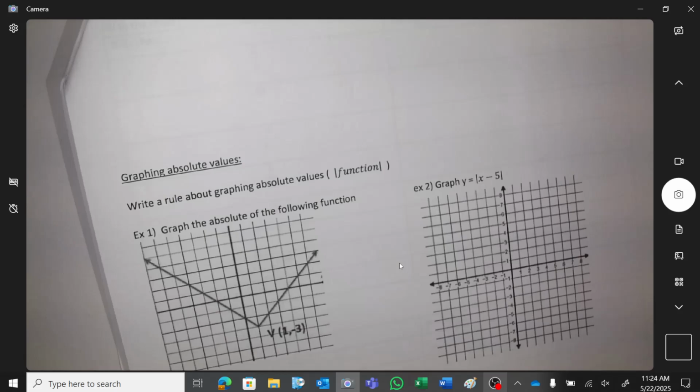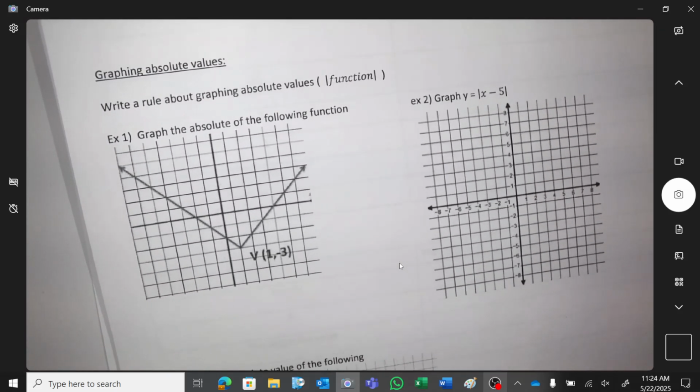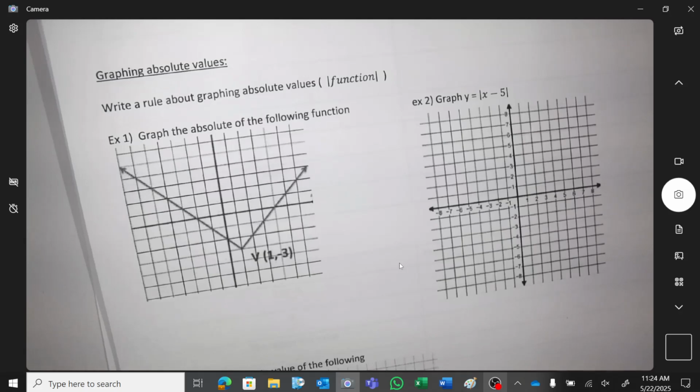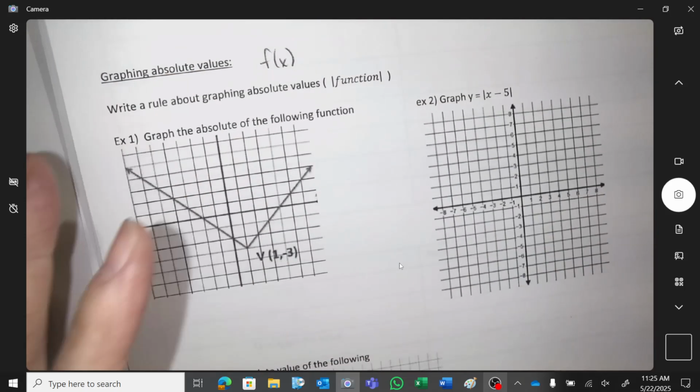And then this thing says graphing an absolute value. Okay, graphing an absolute value. So first of all, let's talk about a couple things.